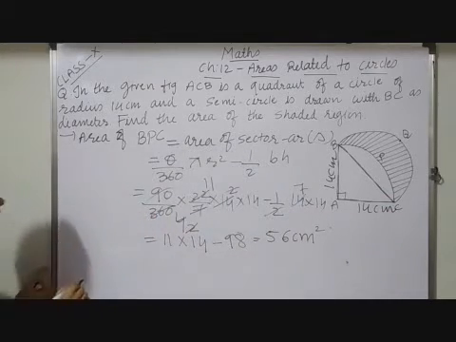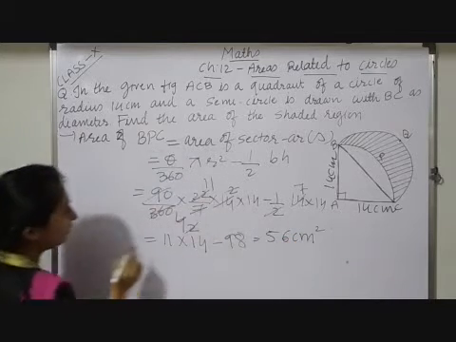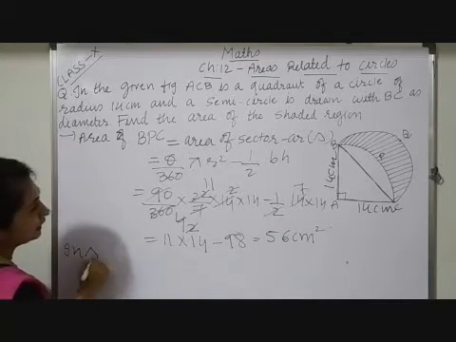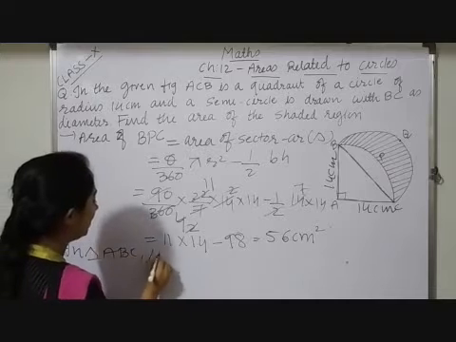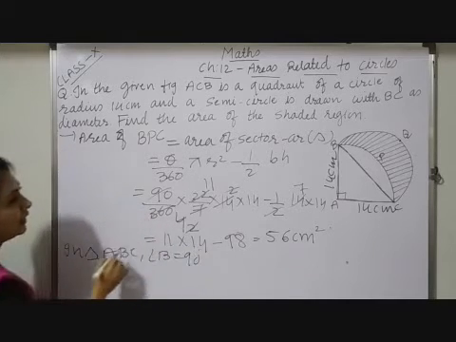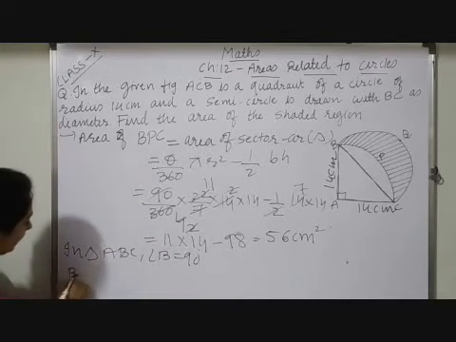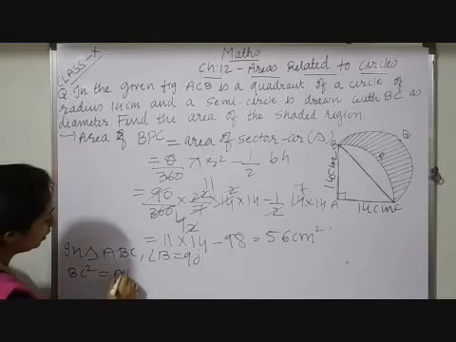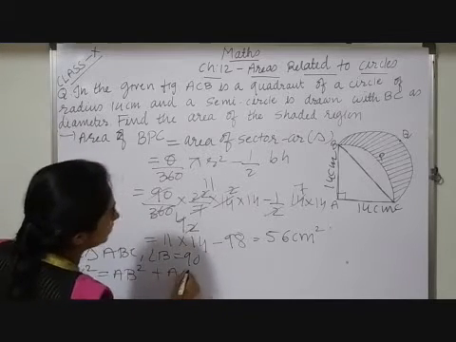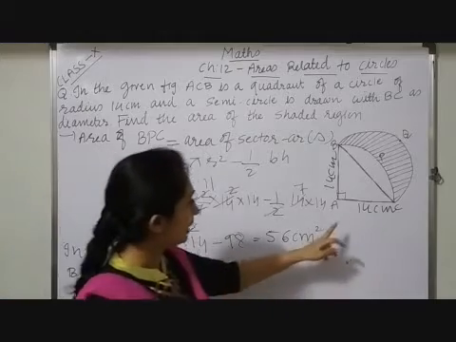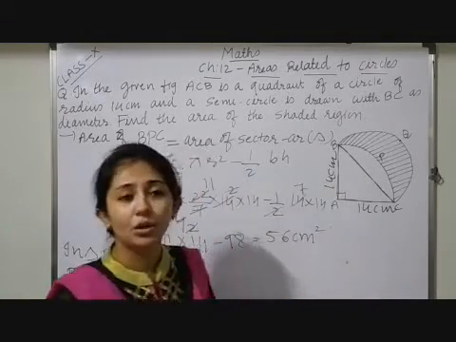So first of all here, in this triangle, we will apply the Pythagoras theorem. So in triangle ABC, angle B equals 90 degrees. So here I am applying the Pythagoras theorem. We will get BC square equals AB square plus AC square. Now this value is 14, this value also 14.